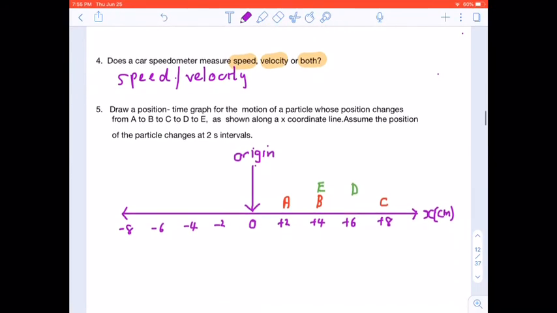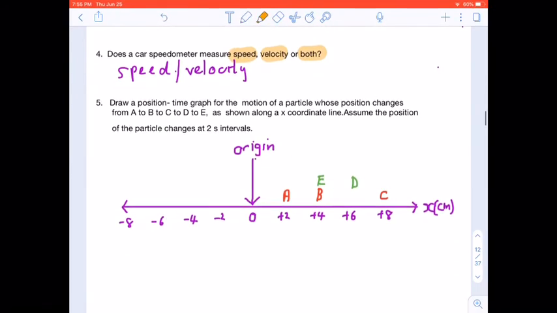If we now look at the next question here, the position time graph for the motion of a particle whose position changes from A to B to C to D to E. So on this position or this coordinate line, we see the different positions of the particle on this coordinate line.